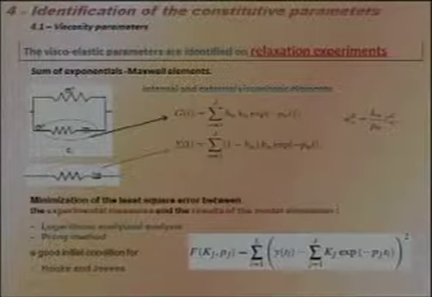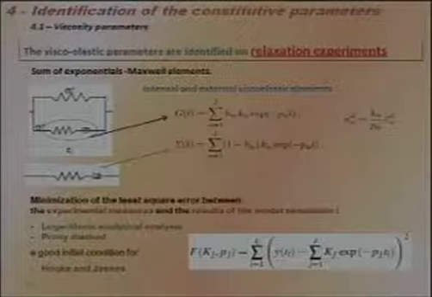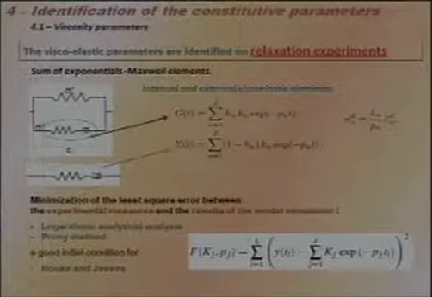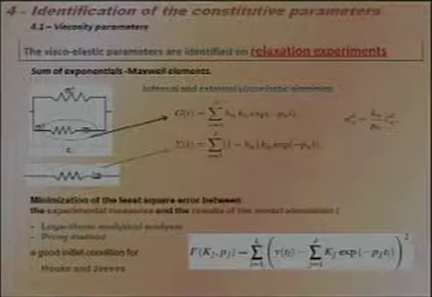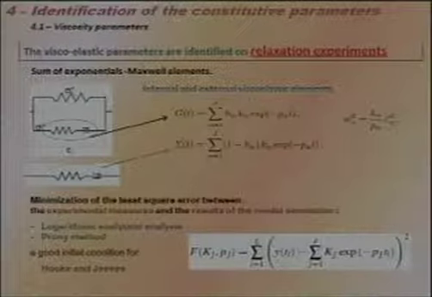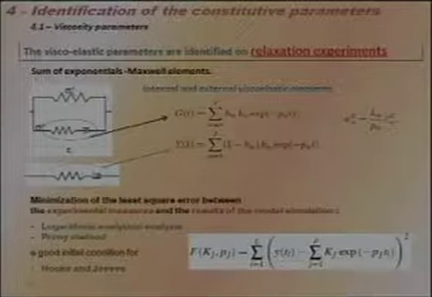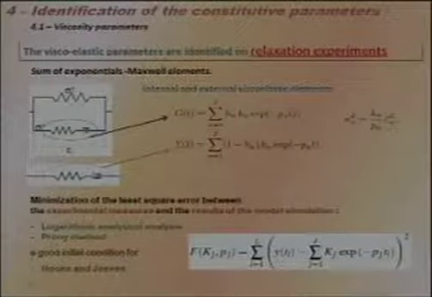I will say a few words about that, which is a way to get a good starting point for the identification of the coefficients. That is of interest because the solution, the K and P, are not unique, and so to have good initial coefficients with a mechanical sense is an important point.